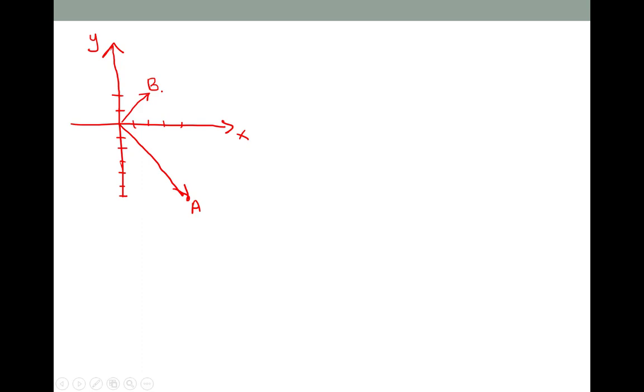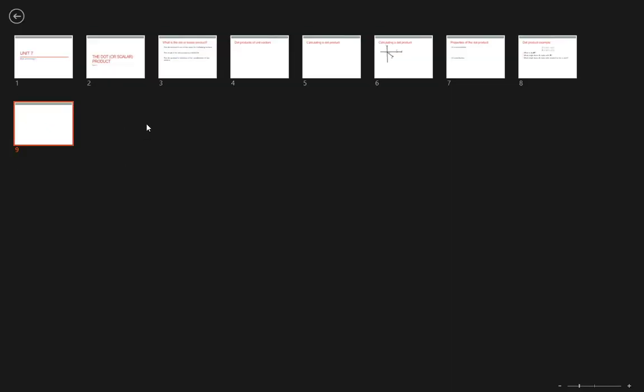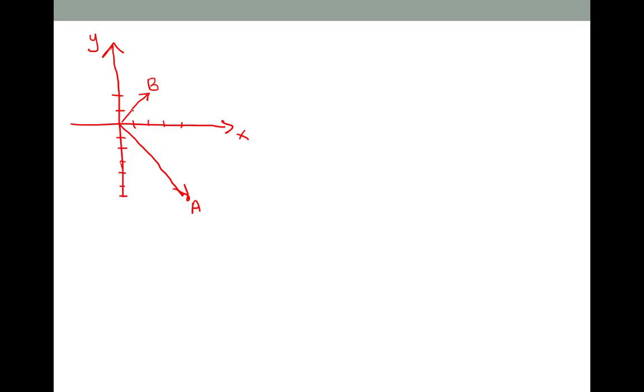Okay. So let's think about the angles. The answer I just got was that this angle from A to B, or B to A, it doesn't matter, is 101.3 degrees. Does that angle make sense? The best way to answer if that angle makes sense is to answer the next question on the slide.